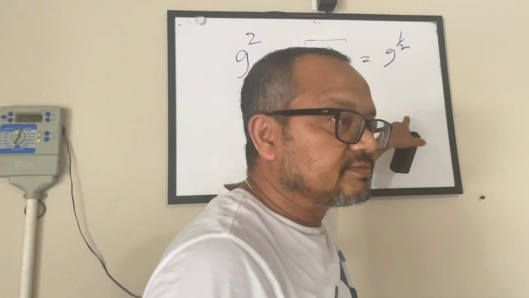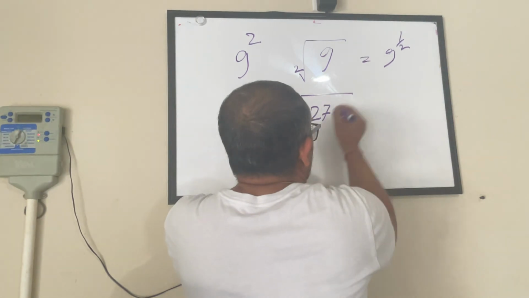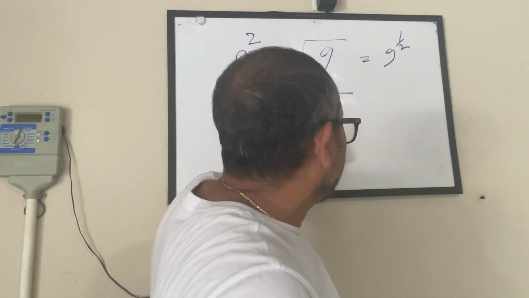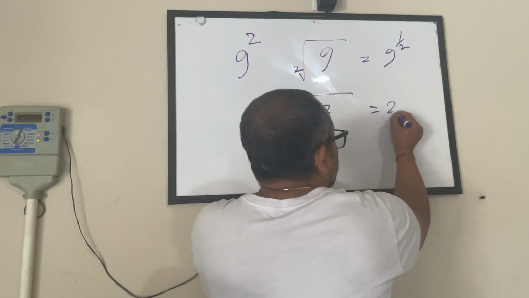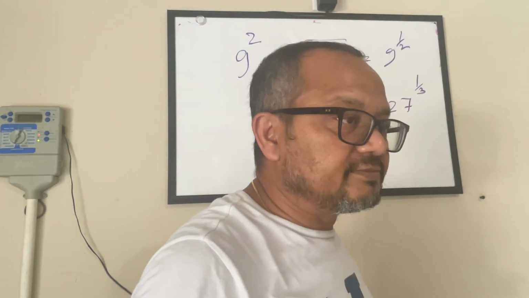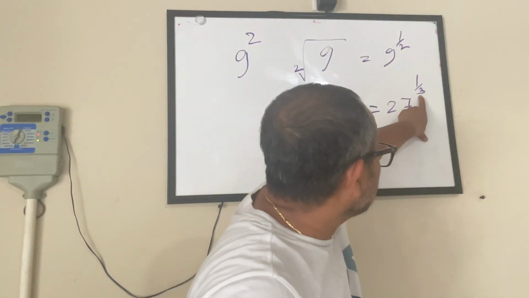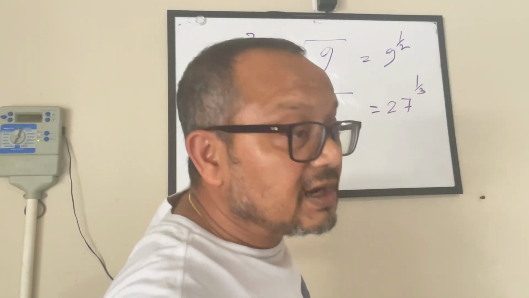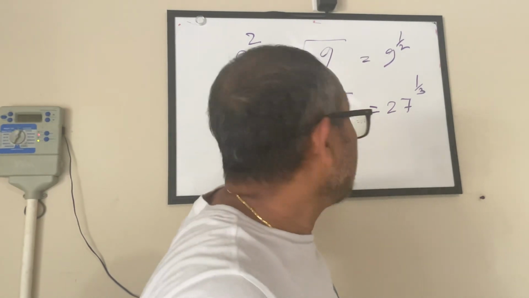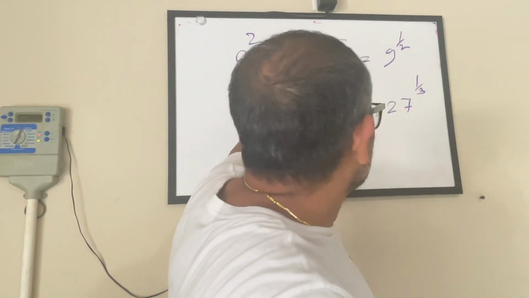If I say 27 to the power 1 by 3, that is the cube root of 27, or the same. So whatever you see in the denominator, that is the root version of it.